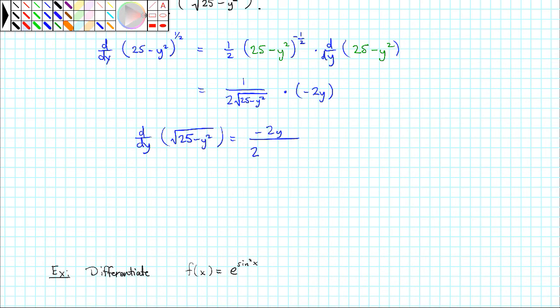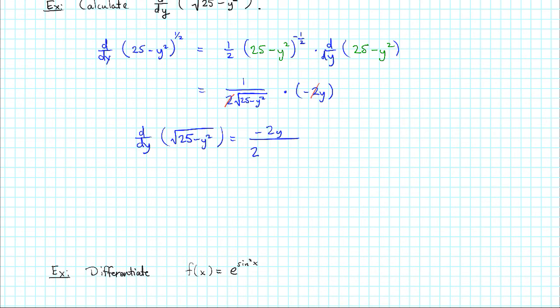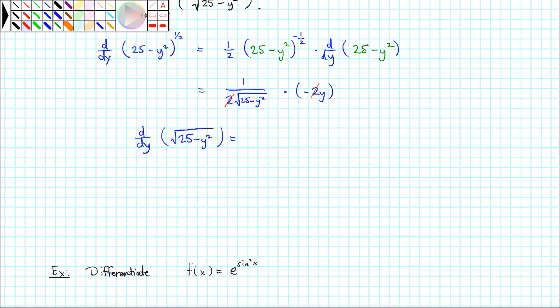We can cancel those 2's. It is negative y over square root of 25 minus y squared.